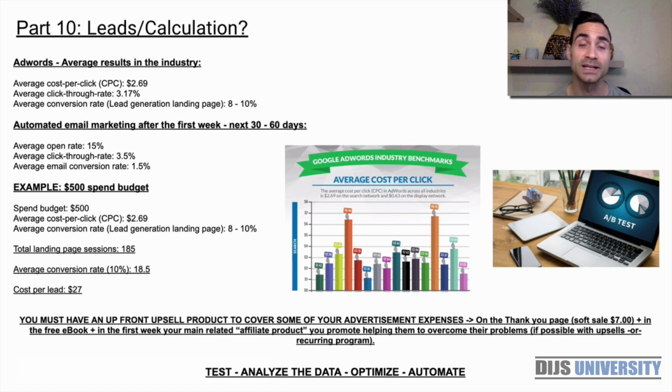So let's have a look at what I said in the last video. You must have an upfront upsell product to cover some of your advertisement expenses. One is on the thank you page, if you remember, the soft sale around $7. The next one can be inside your free ebook. When they read the free valuable content, in the end you have a solution, a product that they can click and get redirected to actually purchase.